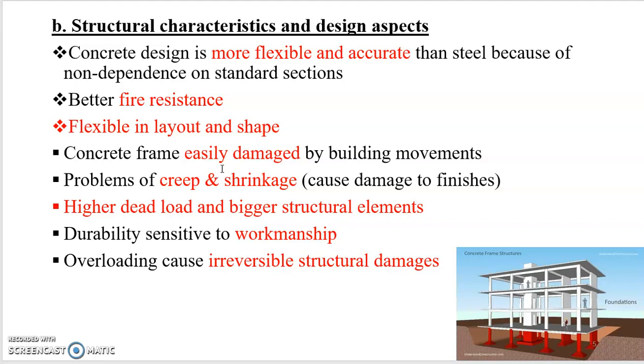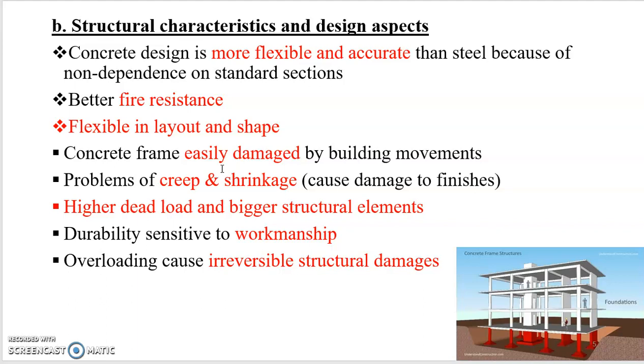Creep means if some dead load is coming into the RCC frame structures for a very long time, it will lead to the deflection of these RCC frame structures. Then shrinkage means if there is any fluctuation in the environmental conditions, then the concrete may shrink and cause damage to the finishes.